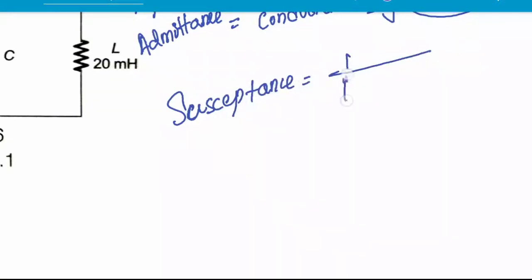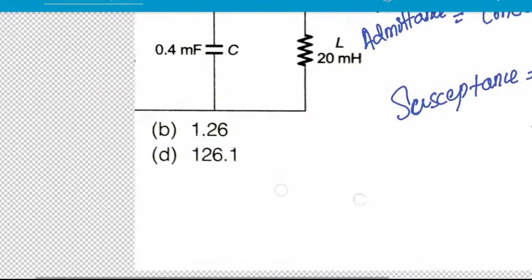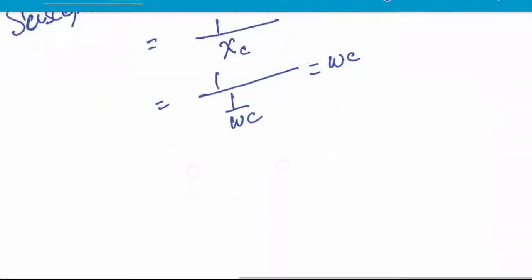It is only asking for the capacitive reactance, so we will only consider the capacitive reactance. So here it will be 1 by Xc, and this will be 1 by omega C. Omega is 2 pi into frequency, and frequency is given here as 50 hertz.